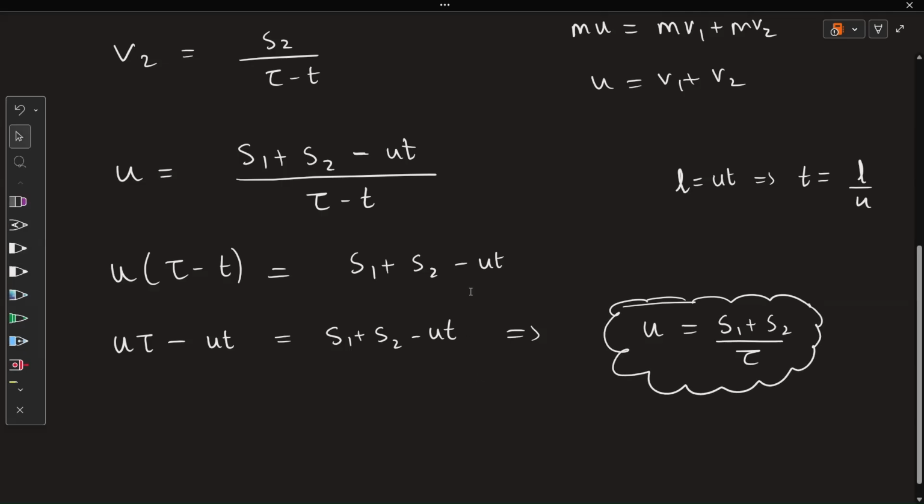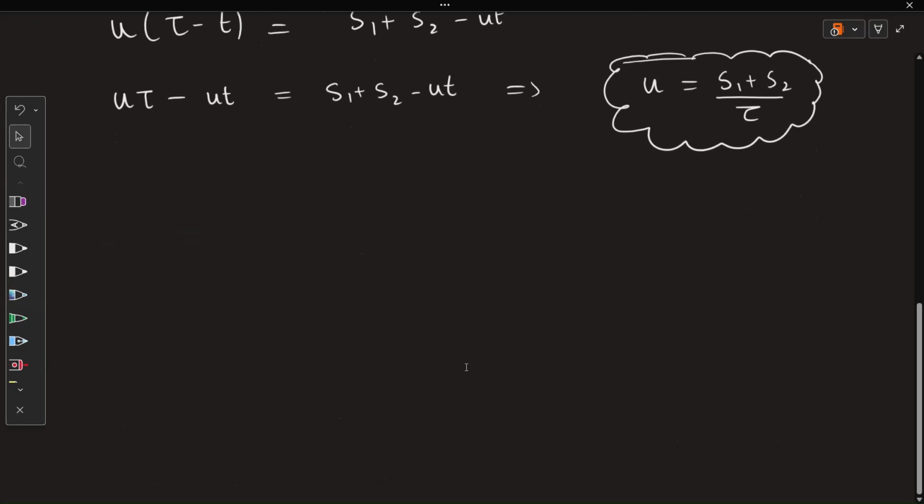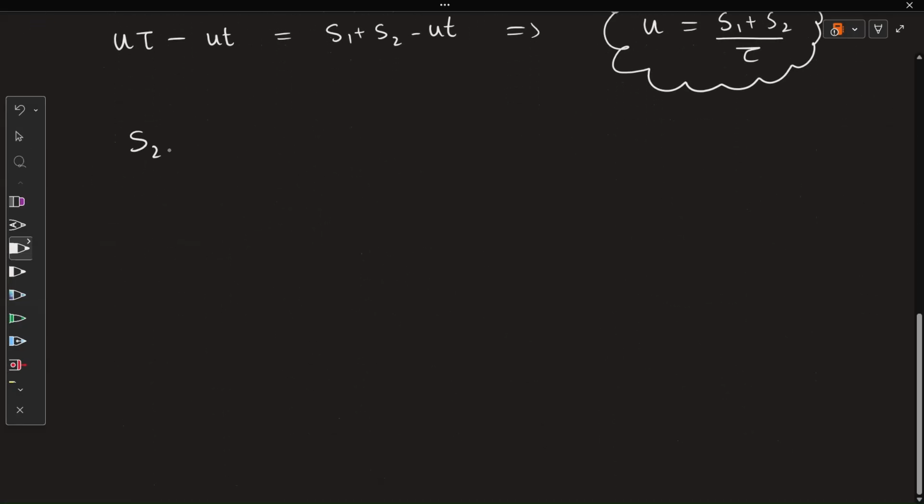Now let's find the relation for the initial distance L between the disks. What we can conclude is, s2 plus L is nothing but s1 plus x. Correct? So L is nothing but s1 minus s2 plus x. Let's analyze.